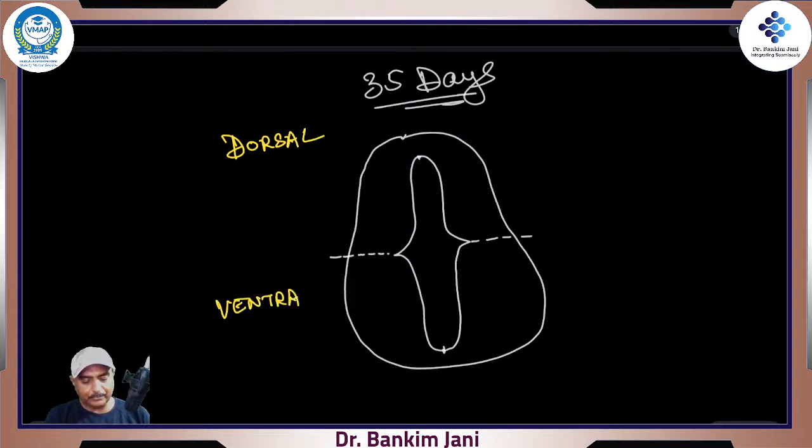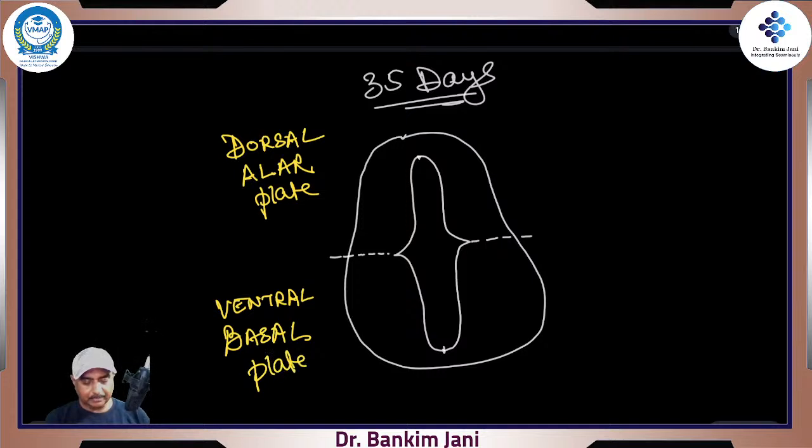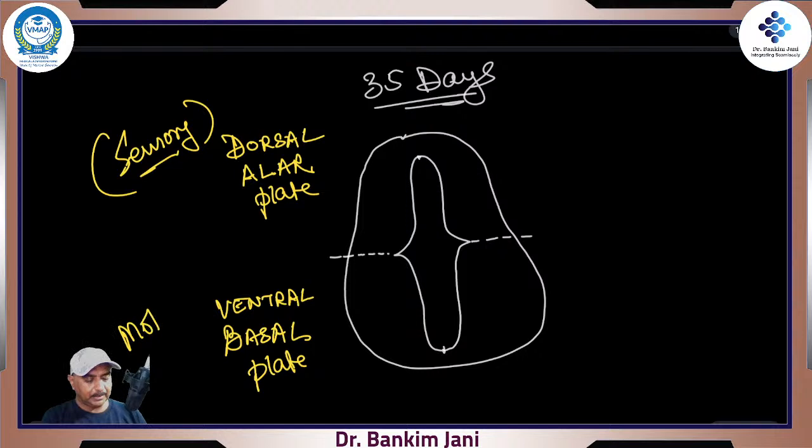The dorsal is also called the alar, like an apex, and the ventral is like a base, so ventral basal. Not very complicated. This is the dorsal alar plate and the ventral basal plate. Dorsal would be sensory, which makes sense, and ventral would be motor.